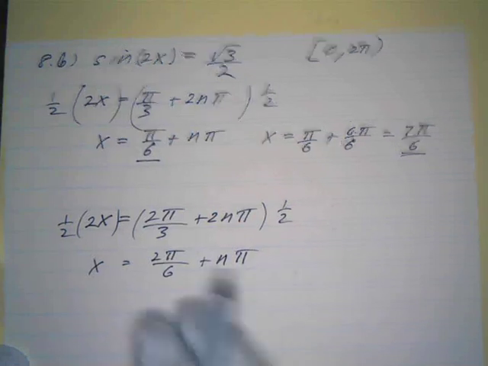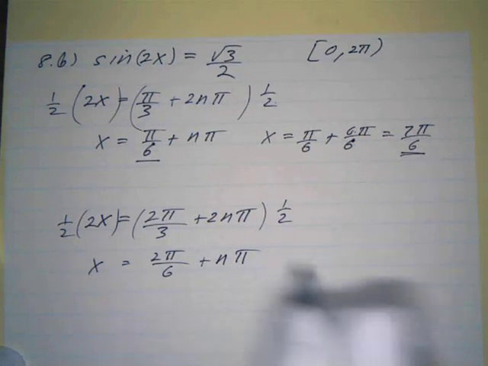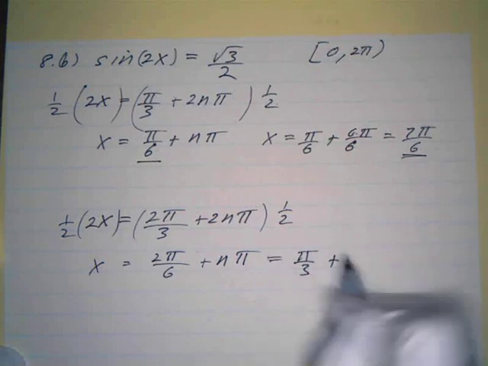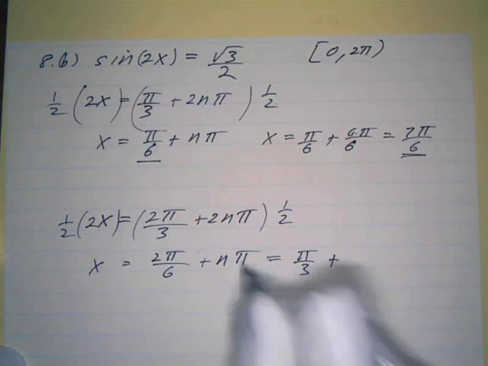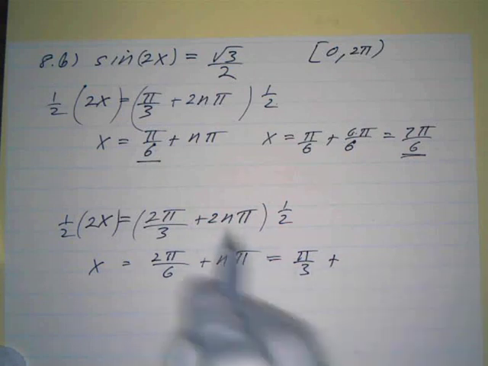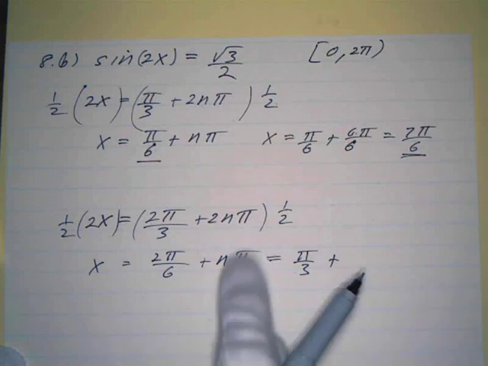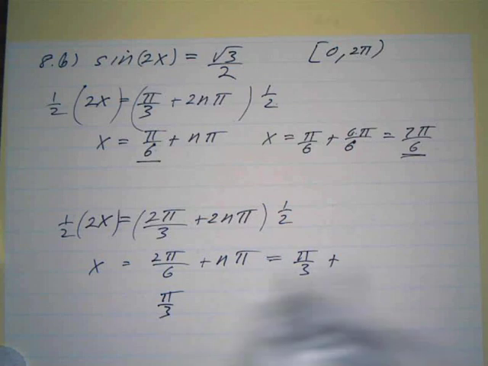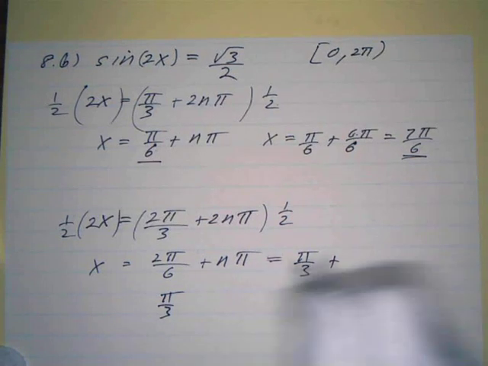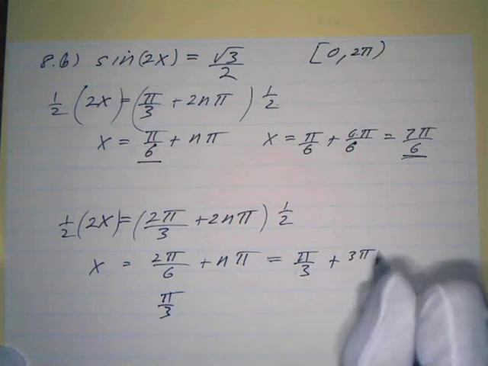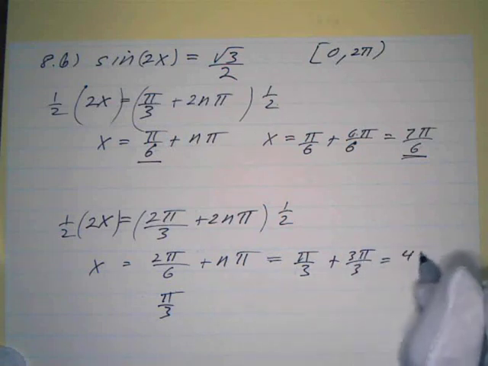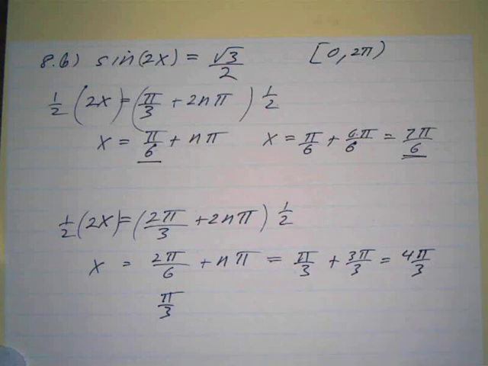But that 2 pi over 6, that's just going to be pi over 3. And then the n pi will be 3 pi over 3. That's just one pi when n is 1. This is when n is 0. We have this root, which is pi over 3. So when n is 1, we've got 1 pi or 3 pi over 3, and that's going to be 1 plus 3 is 4 pi over 3. So that's my other root.